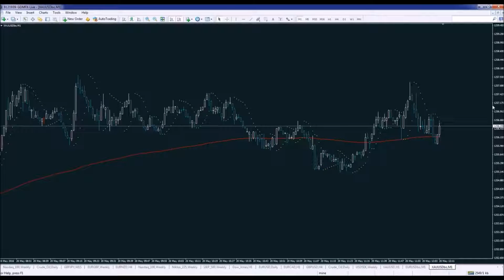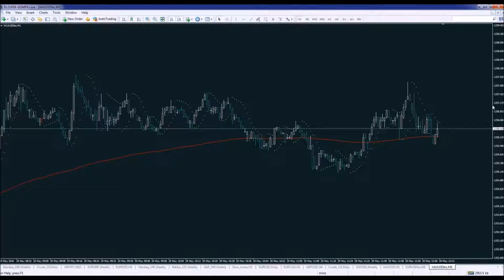Now you could go to 5 minutes if you wish, but then the sensitivity of this instrument will generate a little bit more false signals rather than giving you fewer signals that are much more accurate. So I would bet on the most conservative way that the strategy could be used.